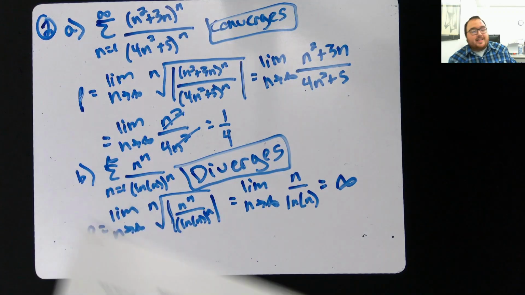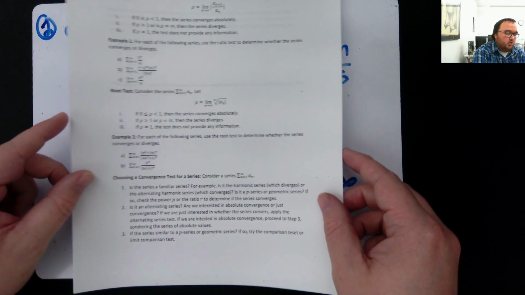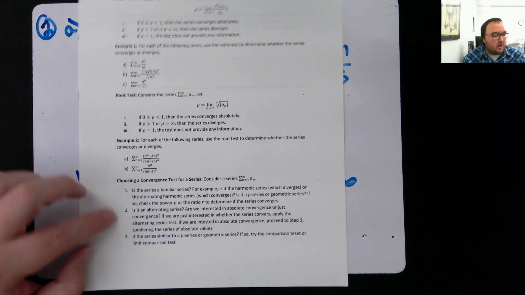So now that's every test that we need. After that, the book does a really great job of basically listing which tests you should use at what time. So for everybody in my class, on the note sheet, I list everything out. If not, though, you can hit pause and read all of this.